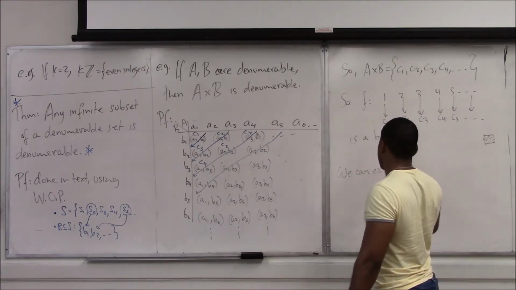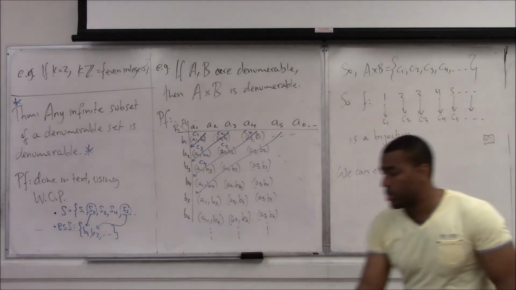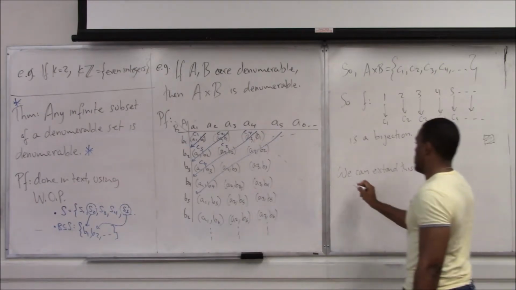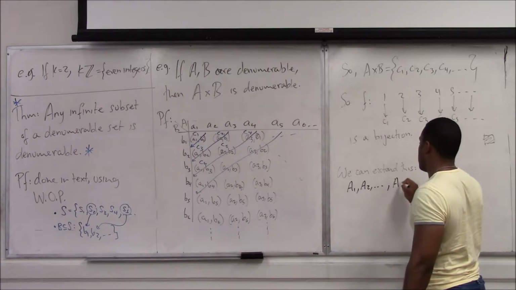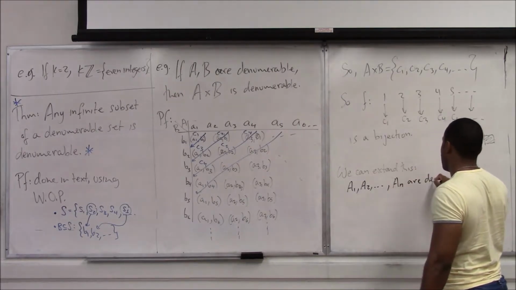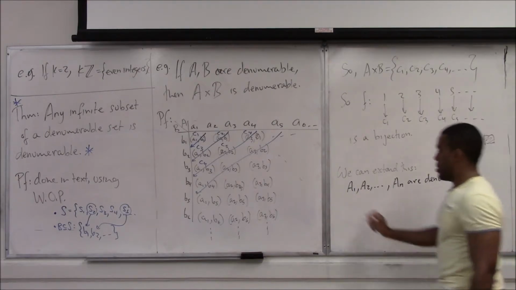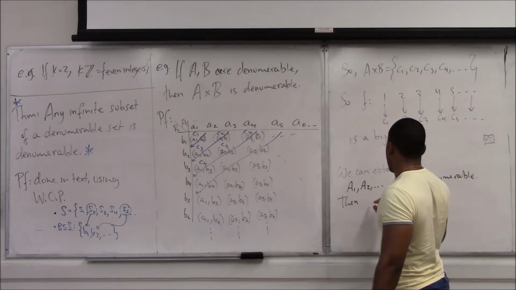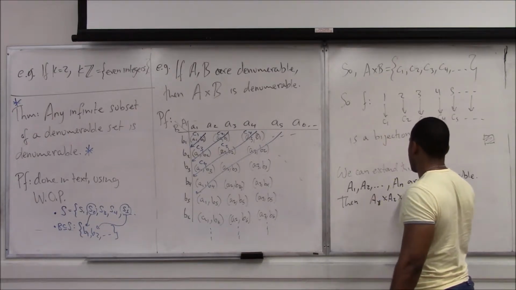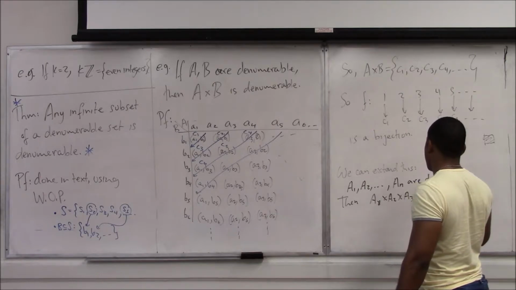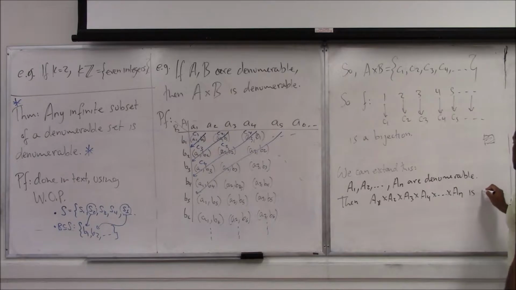We can extend this. If A1, A2, all the way up to AN are denumerable, then A1 cross A2 cross A3 cross up to AN is denumerable.